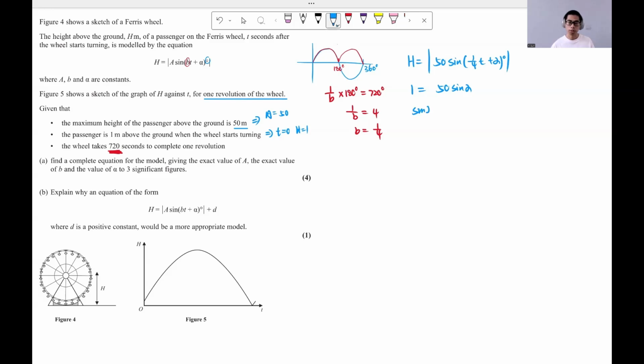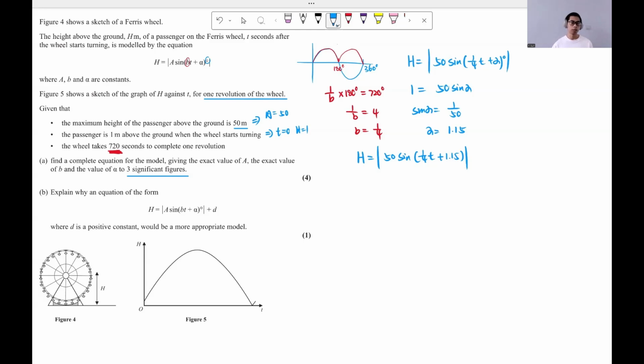So sin alpha equals 1 over 50, and alpha is equal to the inverse sine of 1 over 50 in degrees. To 3 significant figures, that should be 1.14, actually 1.15 if we round it. Now we have what alpha is, so the final equation should be h is equal to the modulus of 50 sin(1/4 t + 1.15).